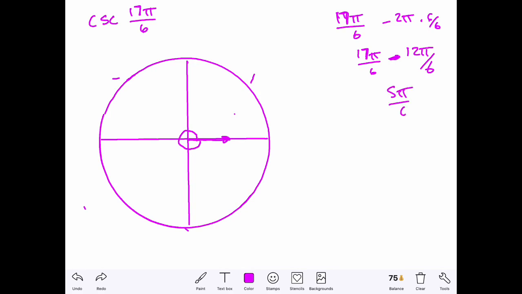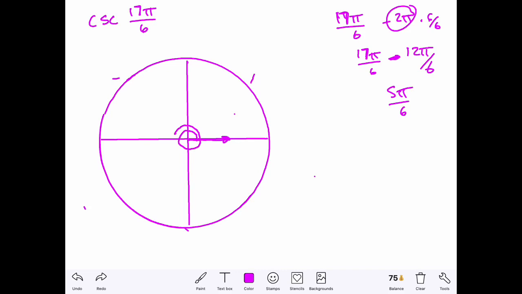So I have 5 more pi over 6 to move here once I do a complete revolution. So what I did was I subtracted what a complete revolution was in radians from my original, and I'm going to keep going. 5 more pi over 6. That's there.